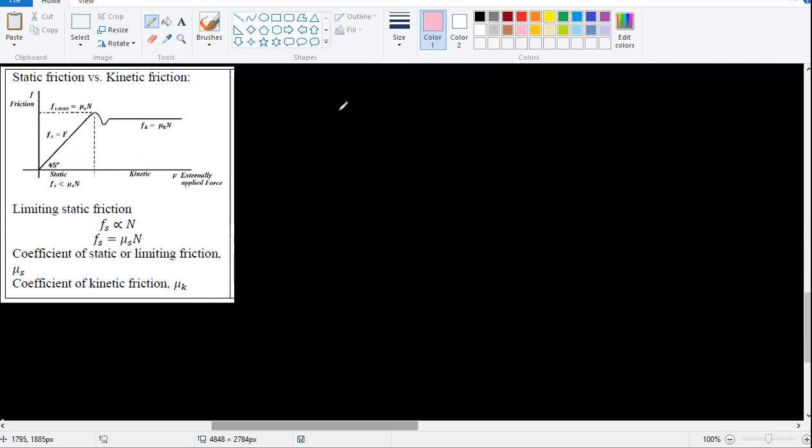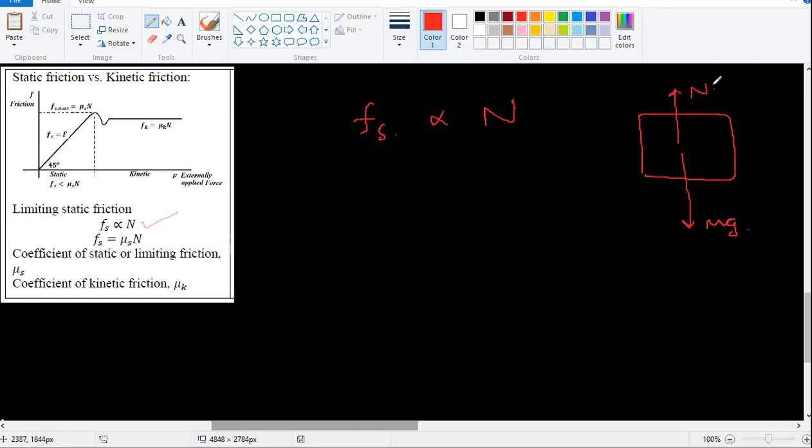Again, based on experimental results, they have found that the friction is actually proportional to the normal reaction. What is normal reaction? The other day we talked about it. If the mg is acting this way, the normal reaction is this way. You may be wondering, sir, why can't I say the friction is proportional to the weight?